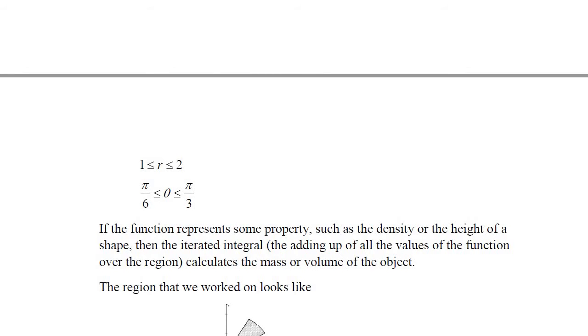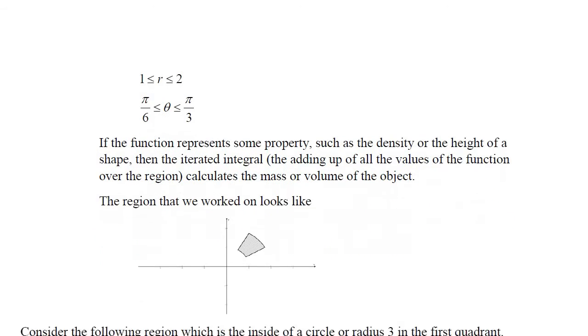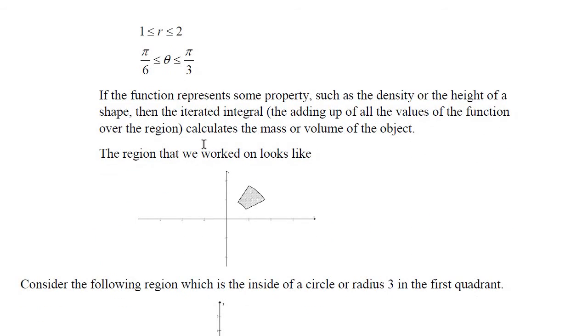If that function describes some property, like the density of an object or the height above that region, then adding all those up, we've calculated the mass or the volume of an object. If it's density, we calculate the mass. If the function represents the height above this region, then we've calculated the volume. And here's what this region looks like on the xy plane.